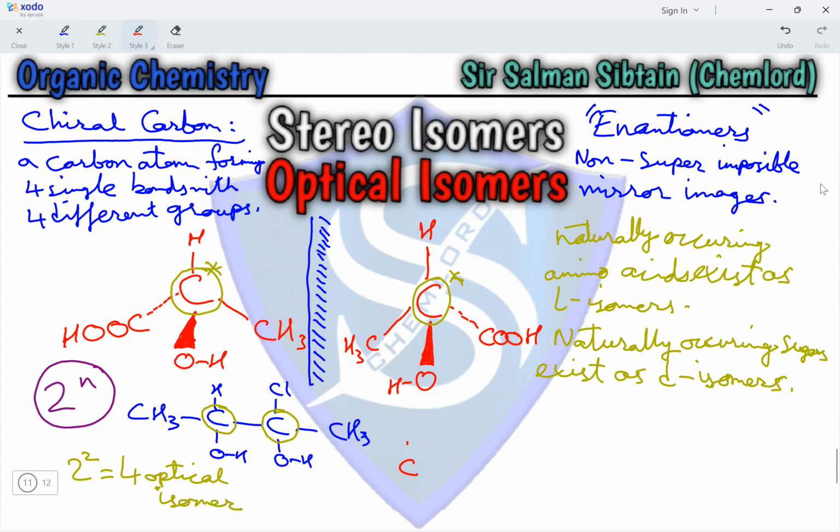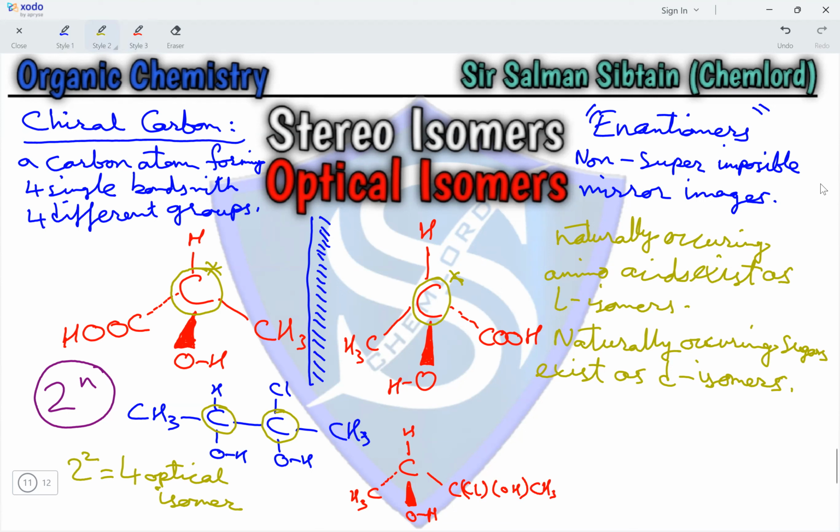And if we are to draw these 4 optical isomers, so let's make them with respect to the carbon on the left. It would be carbon with a hydrogen on the top, the OH group on the bottom with the CH3 group on the left, and the CCl, OH, and CH3 group on the right.